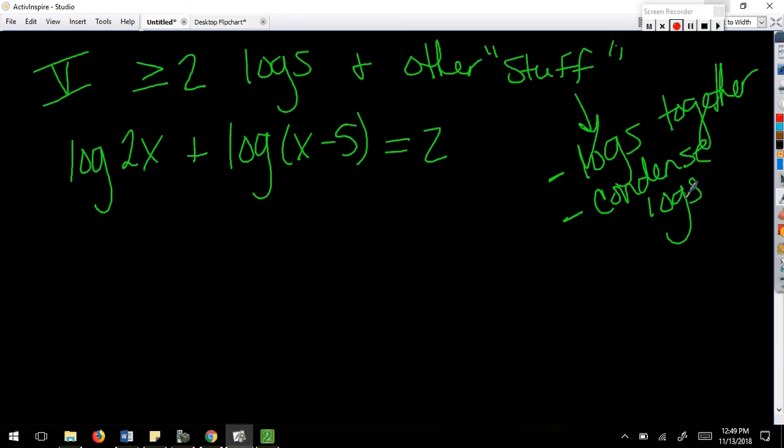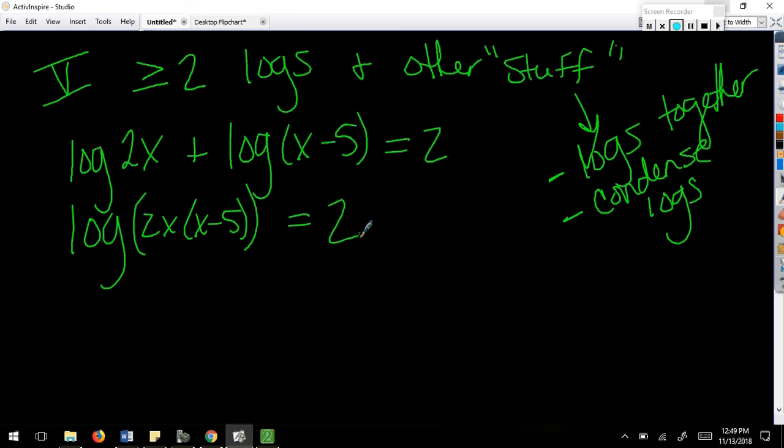If I condense the logs on the left side, just as though because we're adding, that means we multiply, and that is exactly right. So I have log of 2x times x minus 5. And all that goes with the log, and it equals 2. Right? So that becomes log of 2x squared minus 10x.